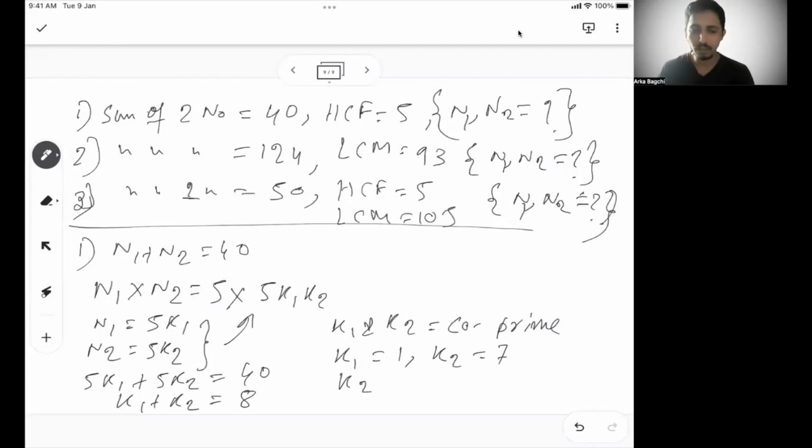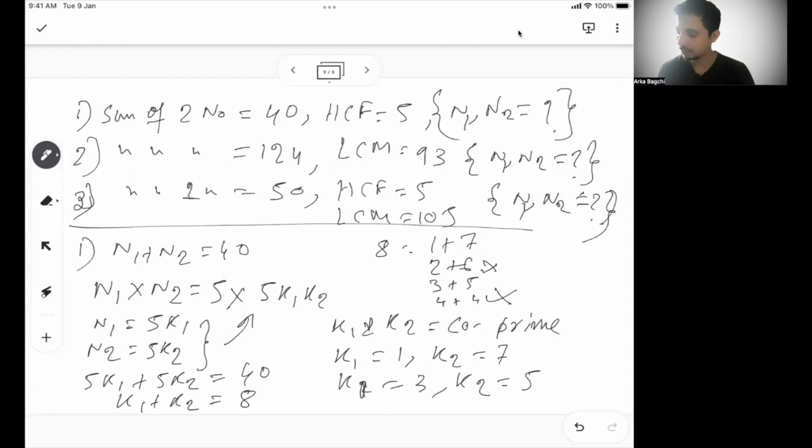How many ways can you write 8? 8 you can write as 1 plus 7, 2 plus 6, 3 plus 5, or 4 plus 4. 4 plus 4 is not co-prime. 2 plus 6 is also not co-prime. So the only possibilities are K1, K2 being 1 and 7, or 3 and 5. These are the two possibilities.